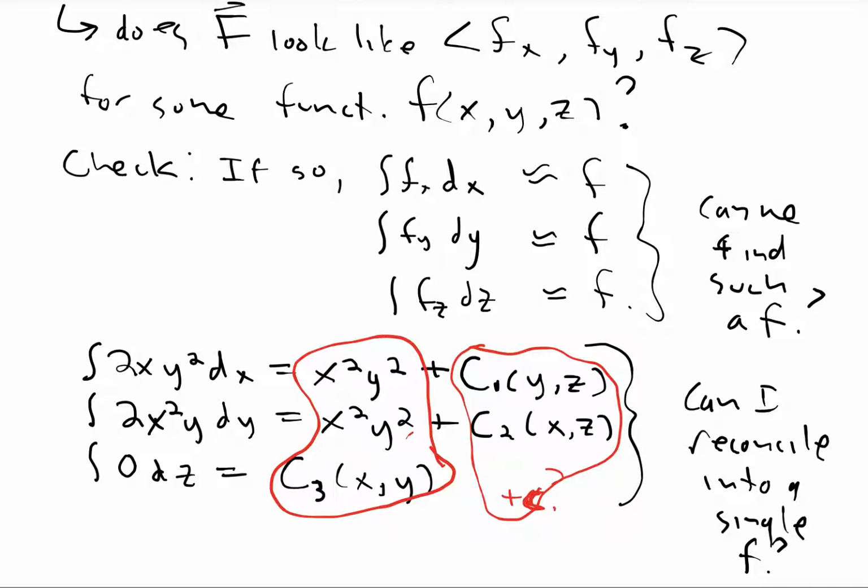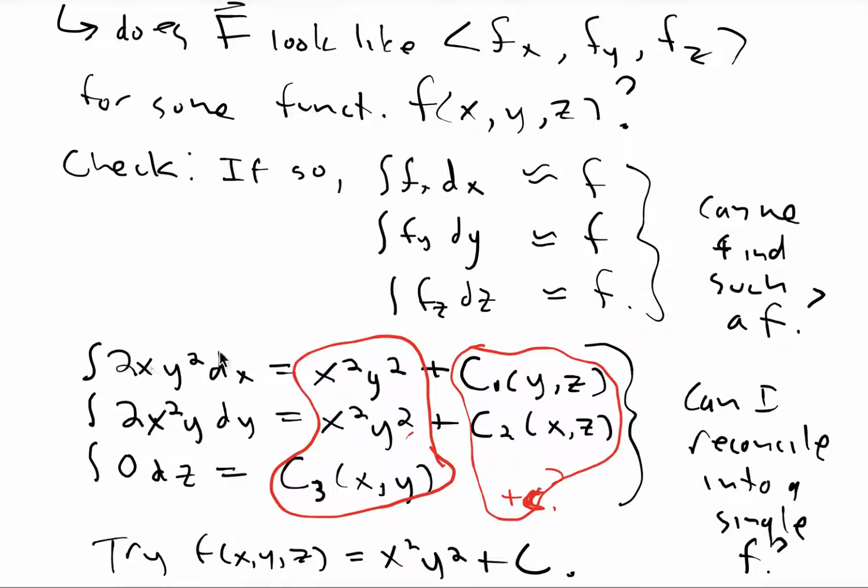And we could double check this. Let's see if we can try my f of x, y, z being just the function x squared y squared, maybe with a legitimate constant c on the end. Now, let's think about what that gives you. If I take an x partial of this, I'm going to get 2xy squared and the c will drop off.